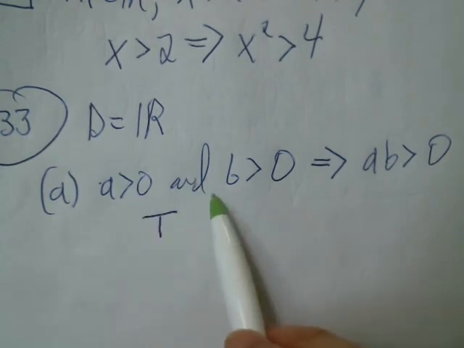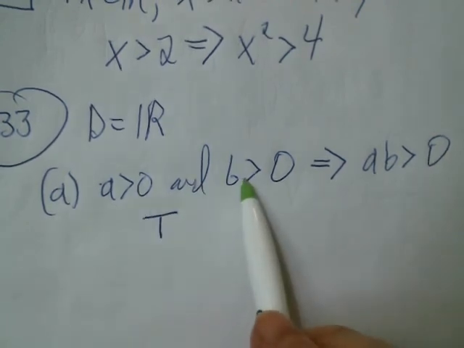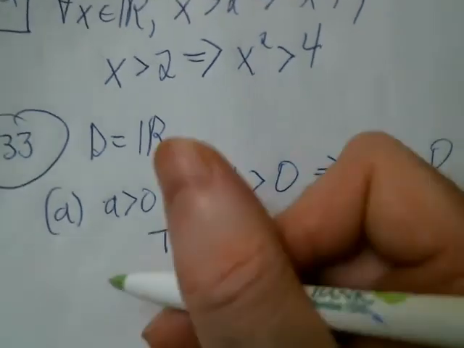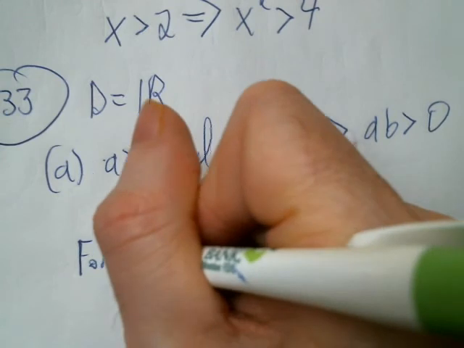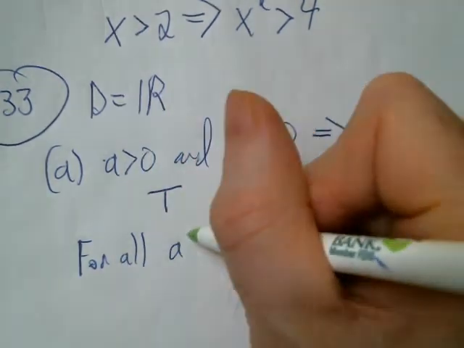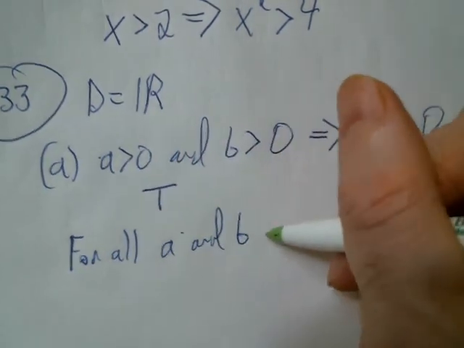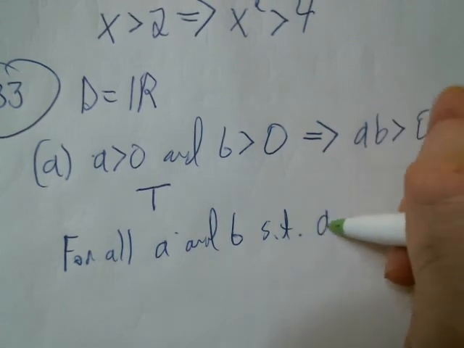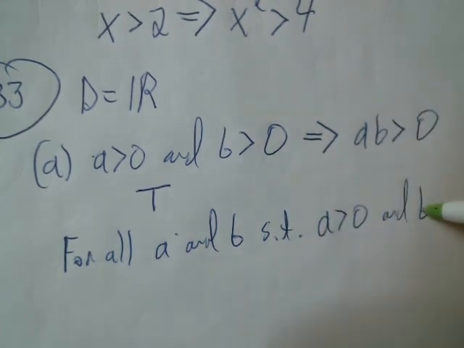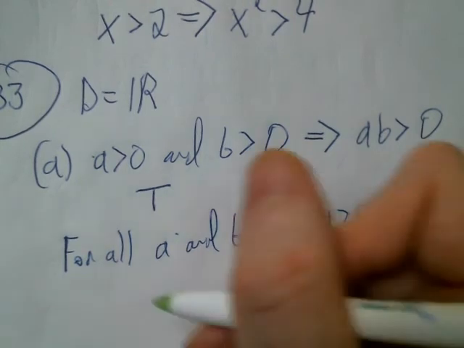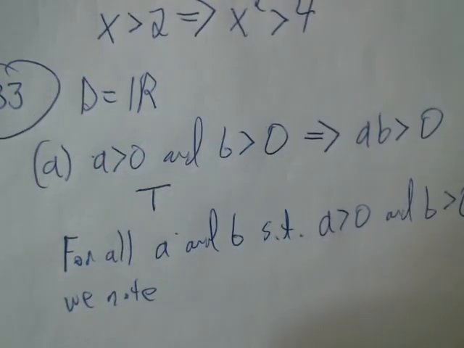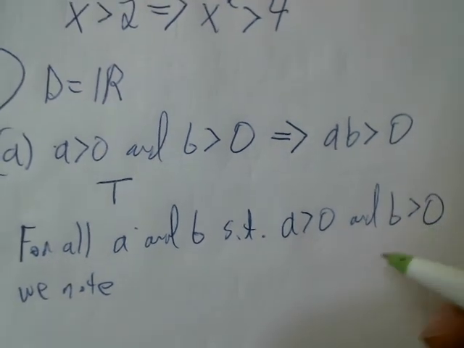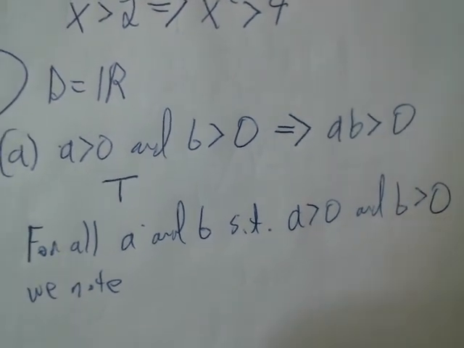So if A and B are both positive, A times B is also positive. You could write it out like that. You could say, for all A and B such that A is greater than 0 and B is greater than 0, we note, just from our knowledge of positive times a positive is a positive, right?